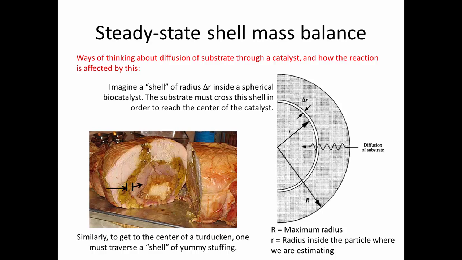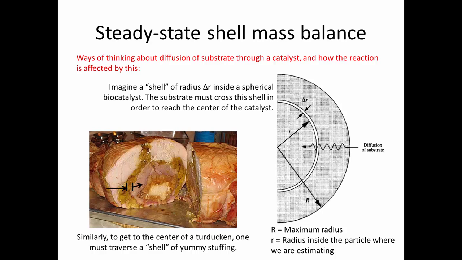The substrate must cross this shell in order to reach the center of our catalyst. So that's kind of the goal, if you're a substrate, to reach the center of the catalyst. You're going to react a little bit along the way if the catalyst is evenly distributed throughout the biocatalyst bead.